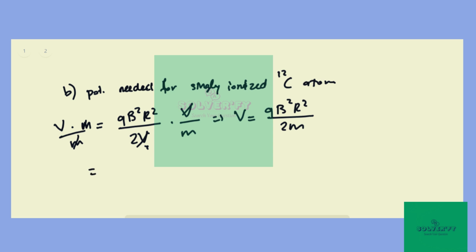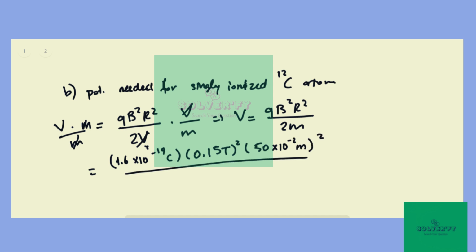Now in this expression, if we plug in values, then q is basically 1.6 times 10 to the power of negative 19 coulombs, right? And the magnetic field is given to us as 0.15 Tesla, squared. The radius is given to us as 50 centimeters, so I'm going to convert that to meters and then square it, over 2 times the total mass.